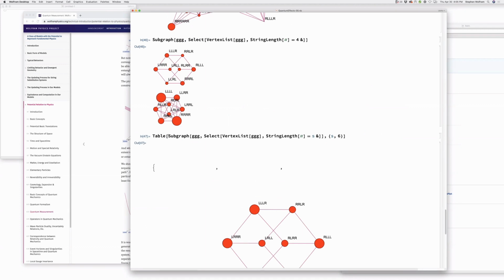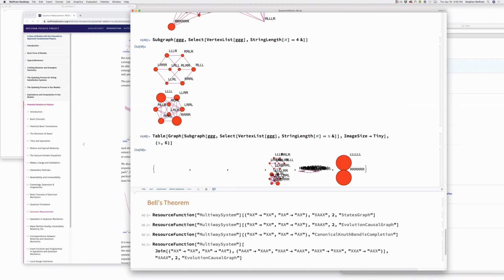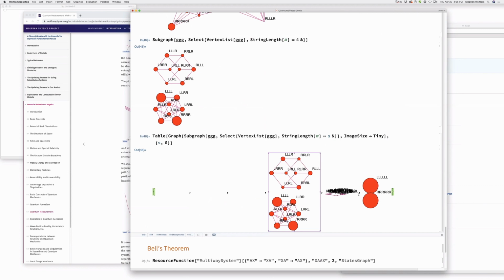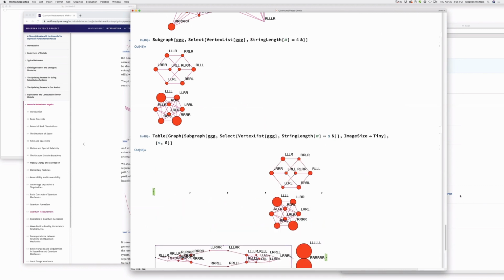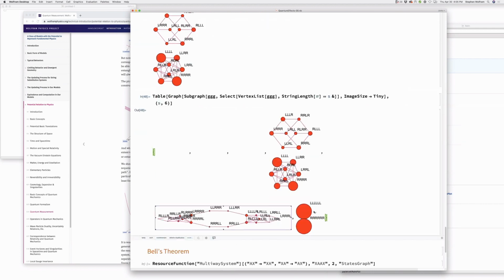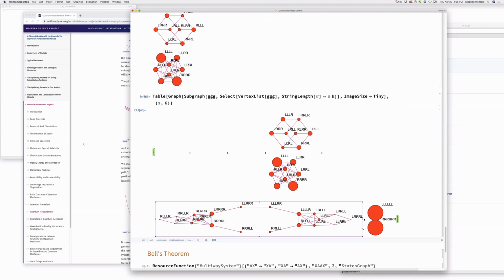Let me just make those small. Well, that's at least fun, that one. That's an interesting structure, isn't it? It is an interesting structure.